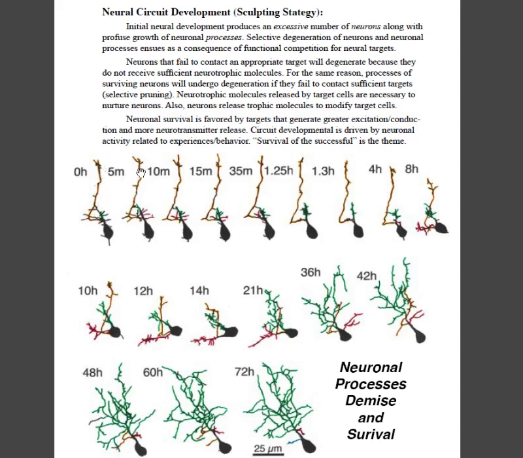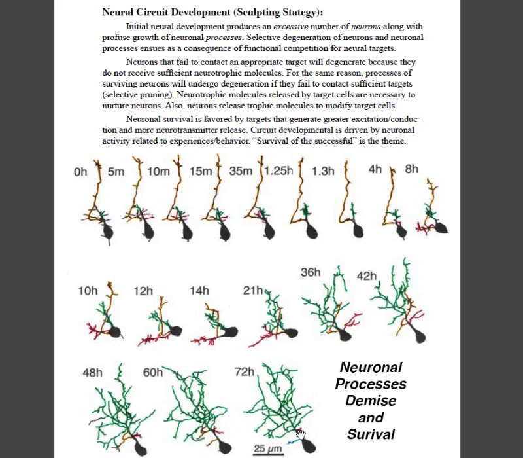Initially, this neuron gives out this brown process, which is the dominant one, and then a red and a green process are given out, and in fact grow as the brown process begins to fade. So in other words, this brown process was not getting sufficient neurotrophic molecules, and the other processes received enough so that they prospered. And as you follow this along, you can see that the brown process really disappears.